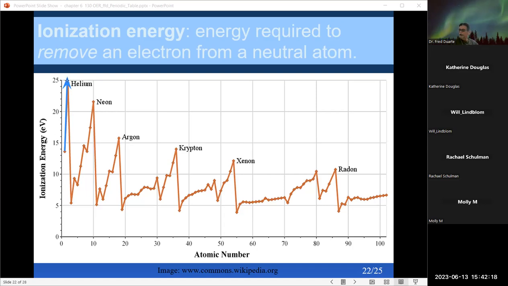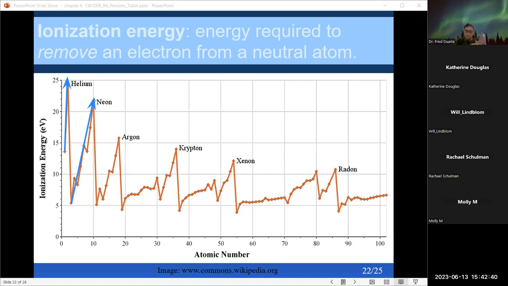All right, so you start at helium, you go across, lithium's right here, you go lithium to neon. Okay, so lithium's ionization energy is about 5. And as you go across the periodic table, the ionization energy increases until you get to neon. Well, it makes sense.